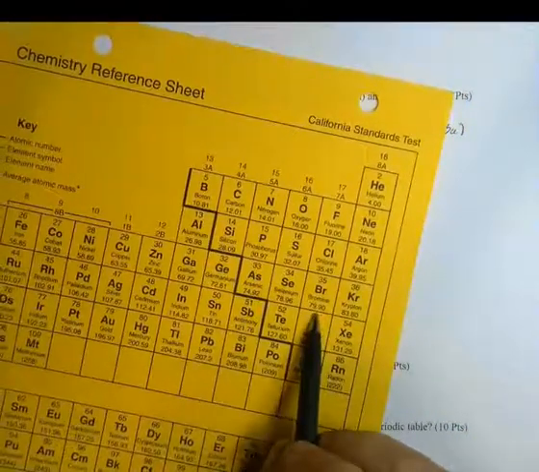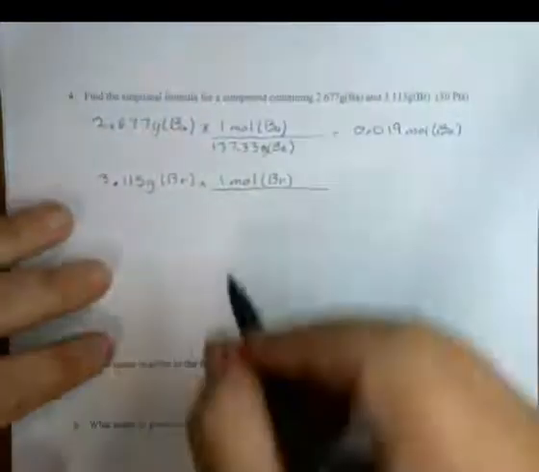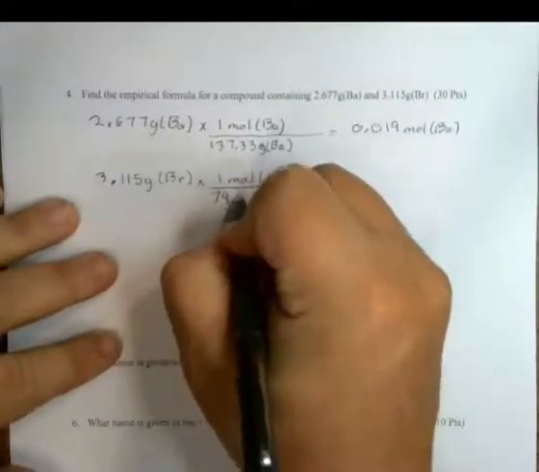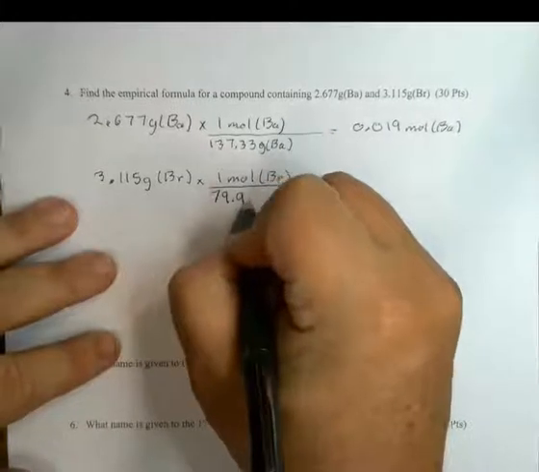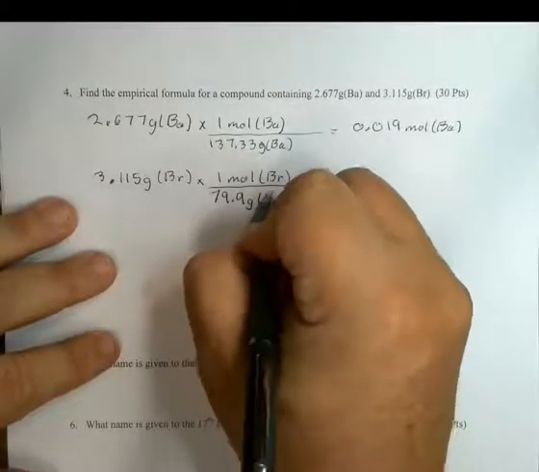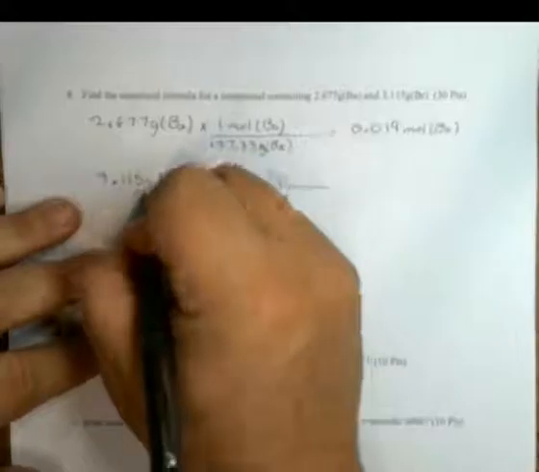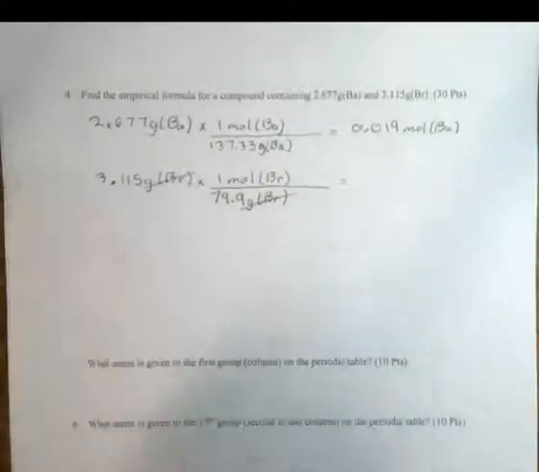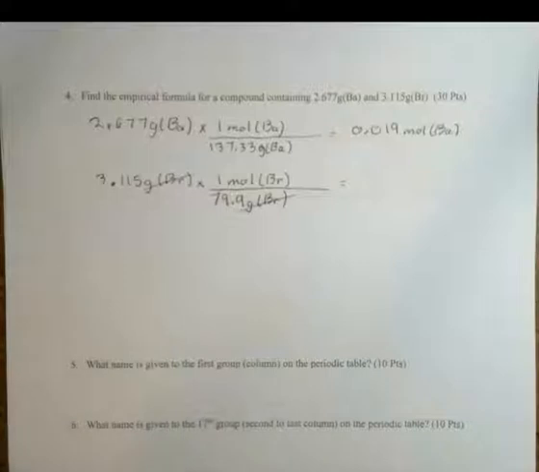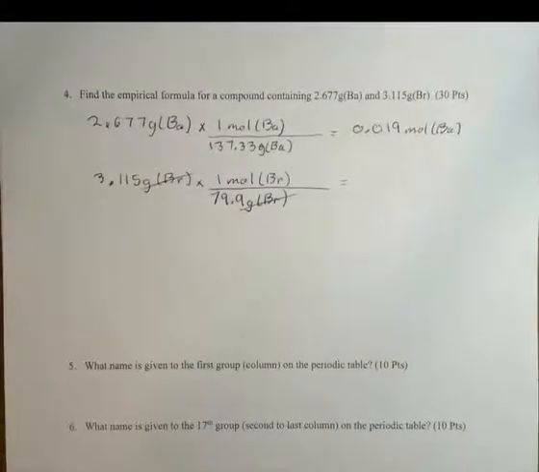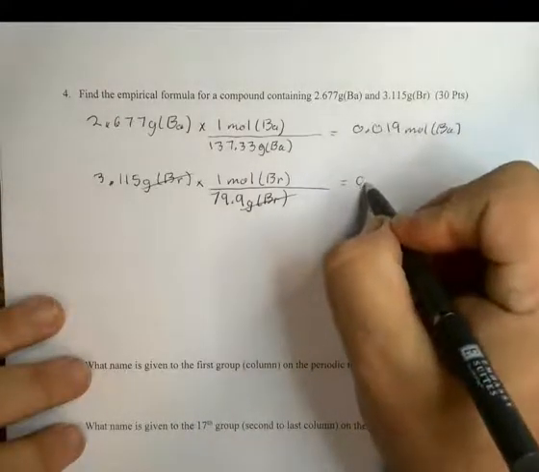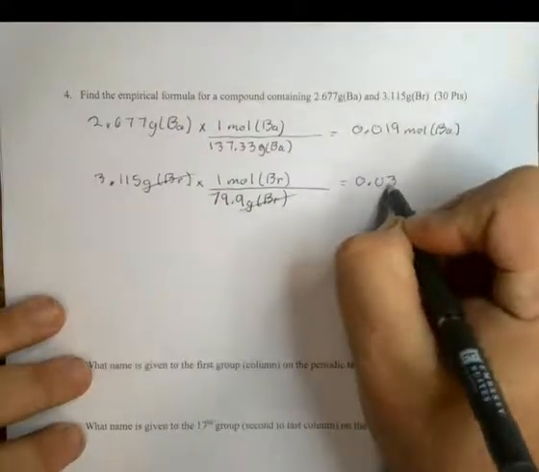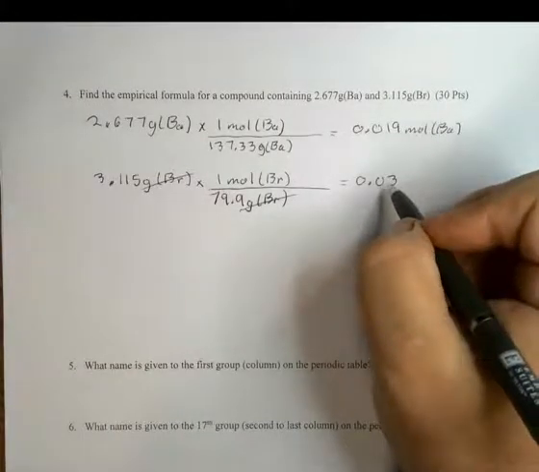And molar mass of bromine, 79.9. And we get 0.039, rounded to 9.